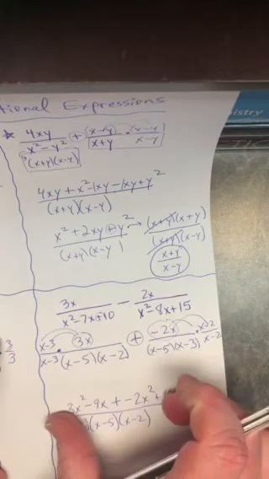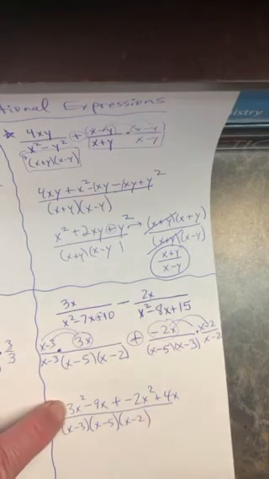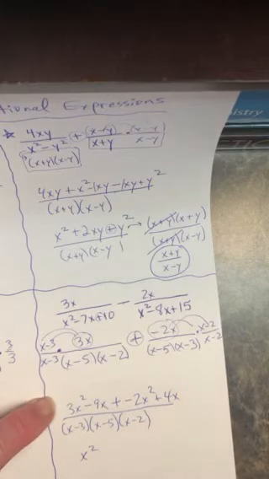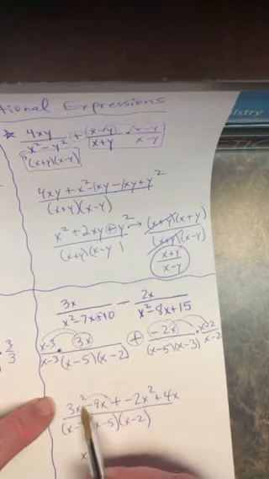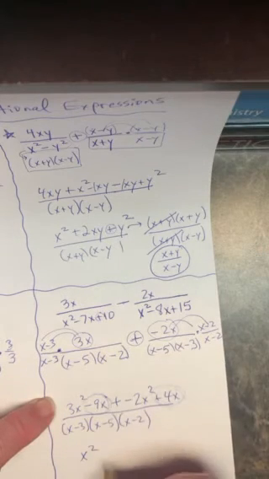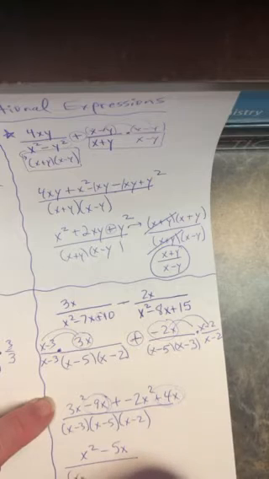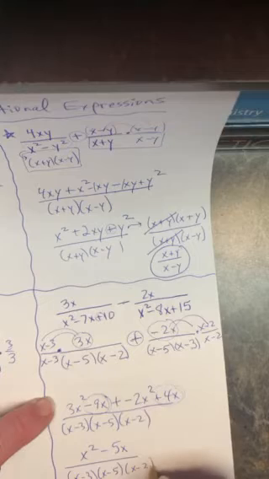And when I combine like terms up top, 3x squared minus 2x squared would be what? X squared. A minus 9x and a plus 4x, when I combine them, is minus 5x over all three of those guys on the bottom. Uh-oh.